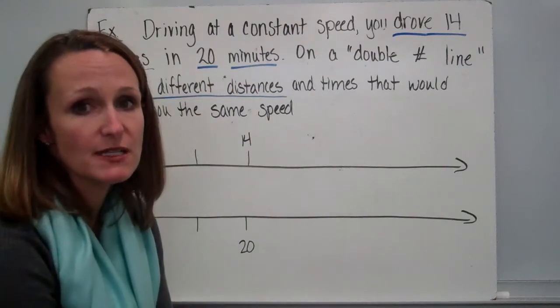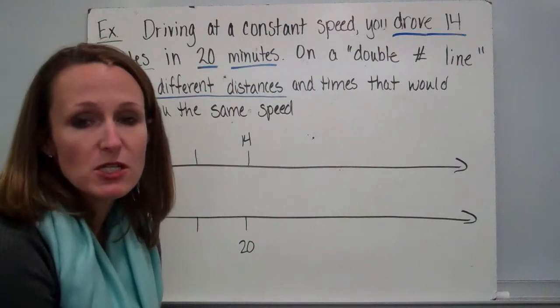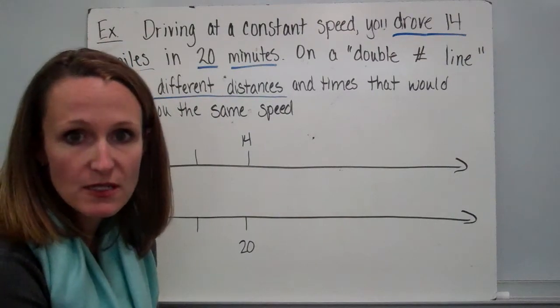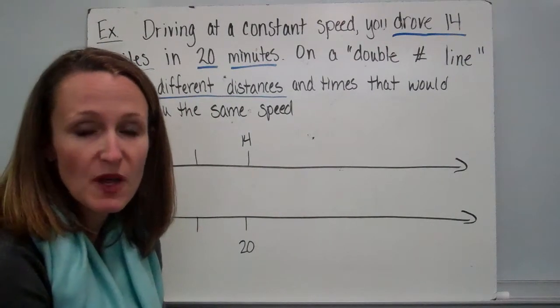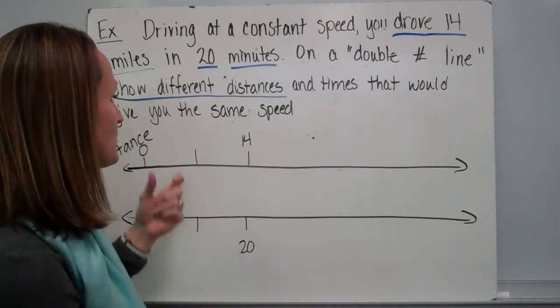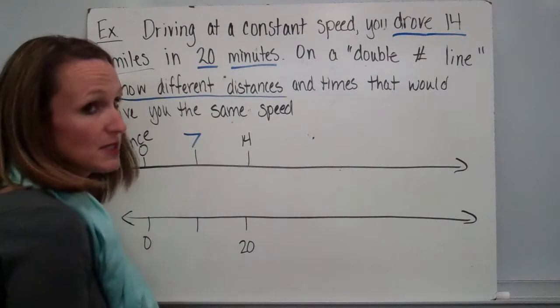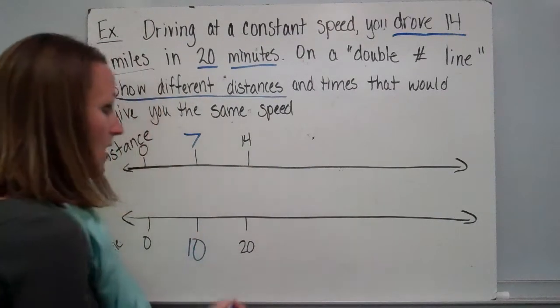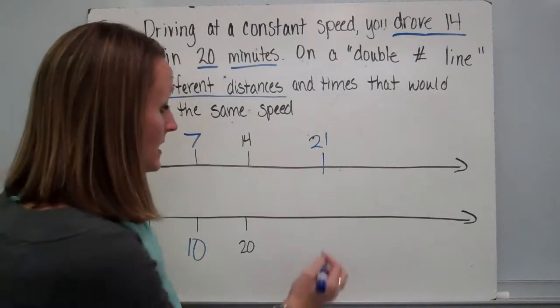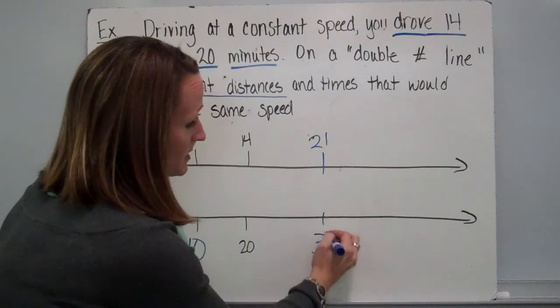If this were a standardized test, the question could very well be, which of the following numbers are not numbers that could be on this number line? If we went 14 miles in 20 minutes, we could also say that we went 7 miles in 10 minutes. We could also say that we went 21 miles in 30 minutes.